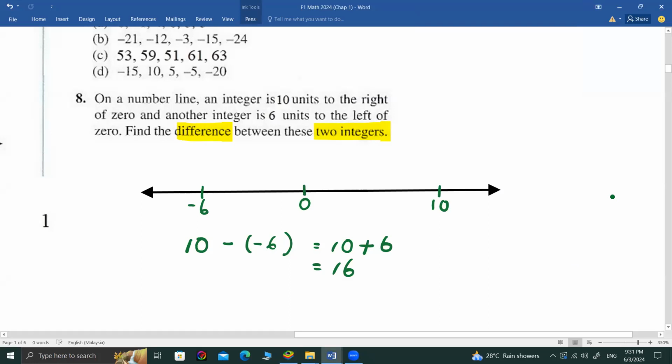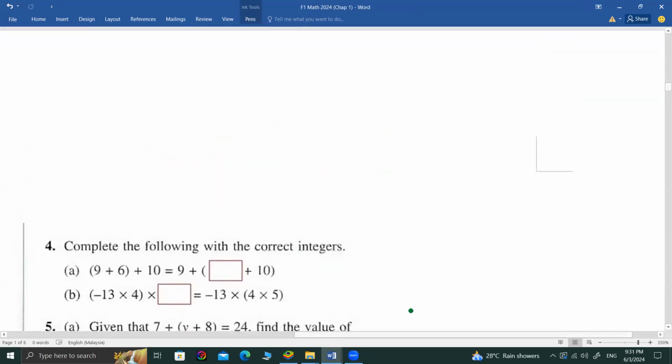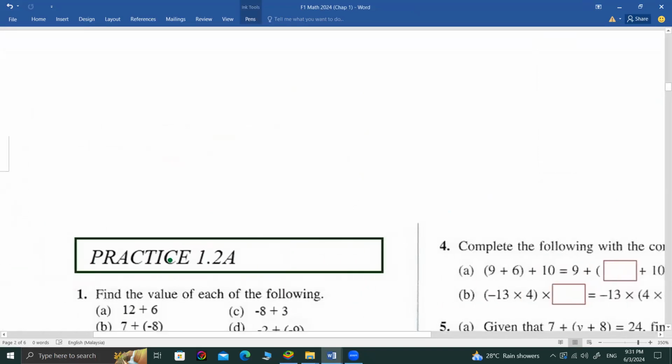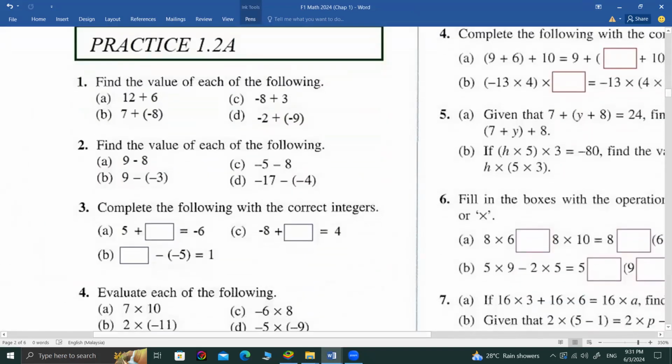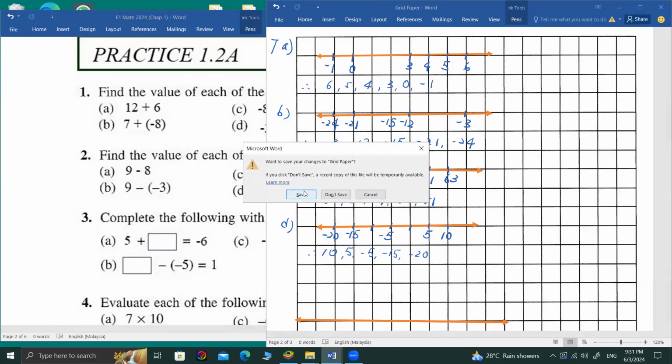Okay, now we can start by calculation already. Although you can use a calculator to calculate, class, I still need to show you without a calculator. Why?